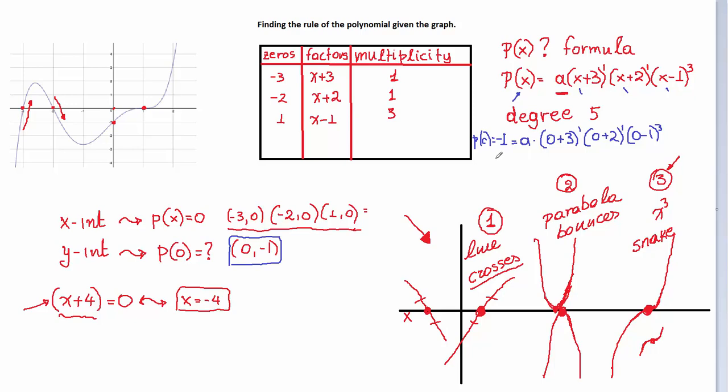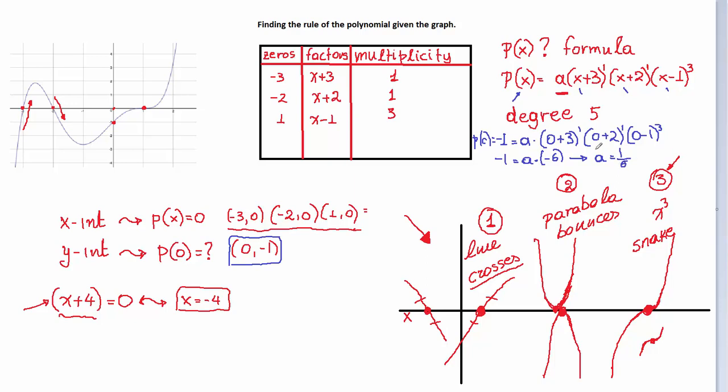So we solve that and we have negative 1 is equal to a, 3 plus 0 is 3, 0 plus 2 is 2, so we have 3 times 2 is 6, and negative 1 to the third is negative 1. So the a is multiplied here by negative 6. We solve this for a and we get that a is equal to 1/6.